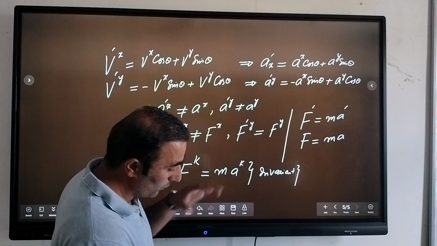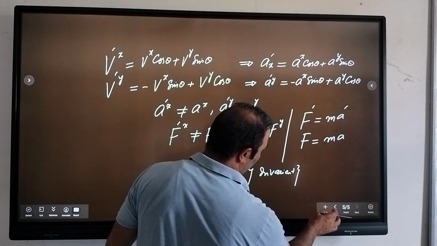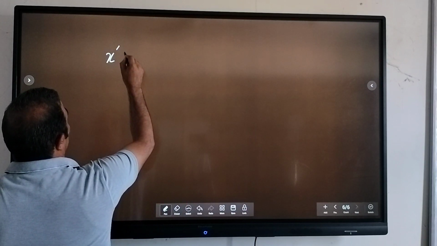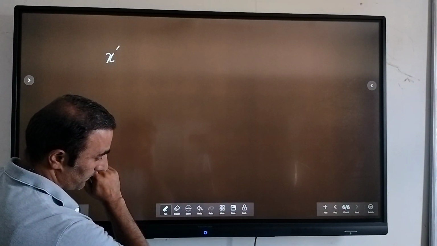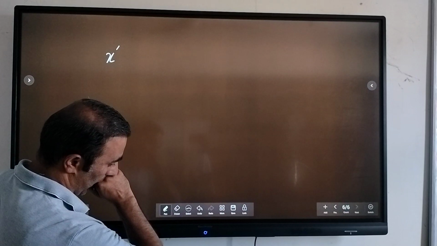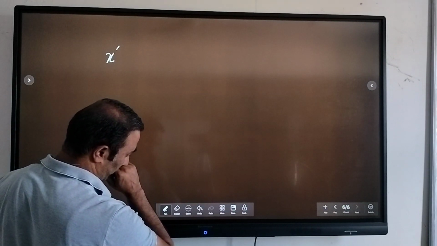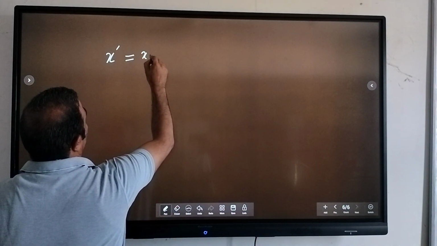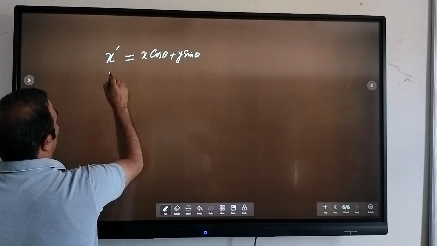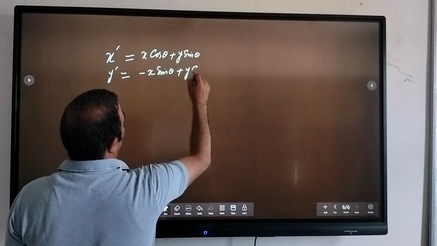Now if you go back, from your previous equation, if I rewrite now, we have this x prime equal to x cos theta plus y sin theta, and similarly y prime will be equal to minus x sin theta plus y cos theta.